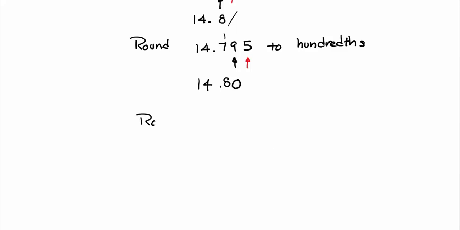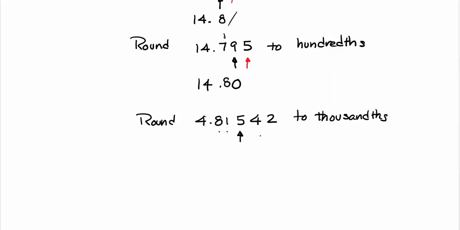Let's do one more. Let's round 4.81542 to thousandths. Here's tenths, hundredths, thousandths place. Right?